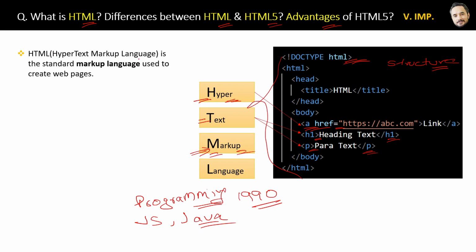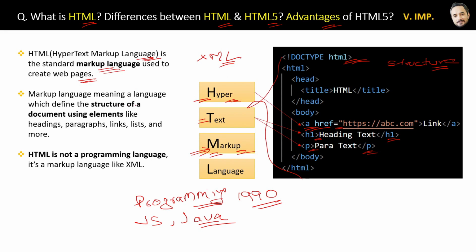HTML, which stands for Hypertext Markup Language, is the standard markup language used to create web pages. Other than HTML, XML is also a markup language which is also used to just structure the document. Here are 2 more points about HTML that I already explained, but I wrote them here in the document so that they can be used for a quick revision later.